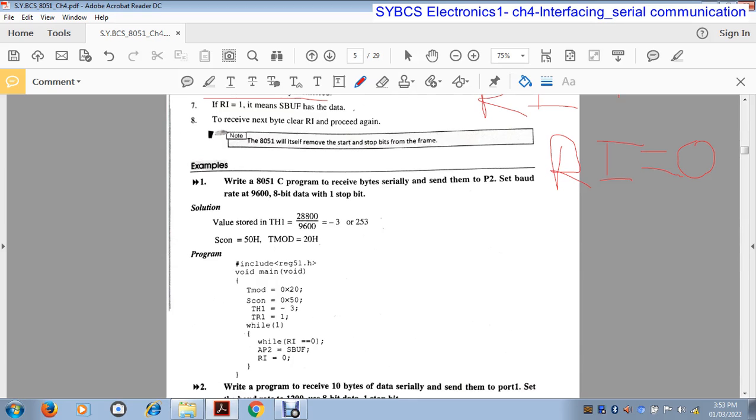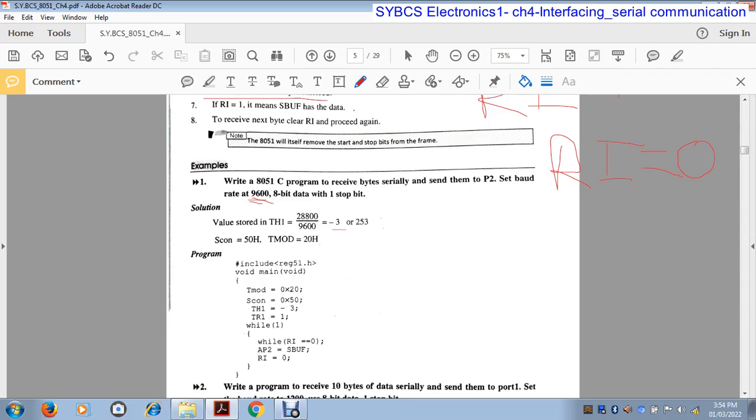Write an 8051 C program to receive bytes serially and send them to P2. Set baud rate 9600. For 9600 the value is minus 3. How do we calculate this minus 3? The serial communication frequency 28,800 is divided by the given baud rate, then we get minus 3.